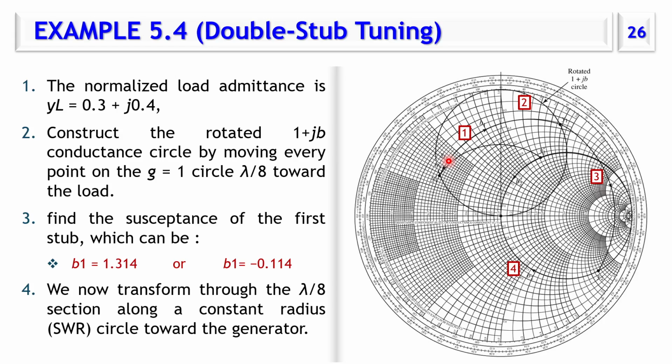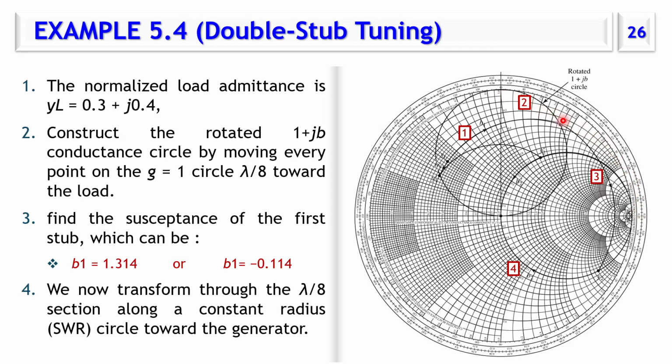So the locus of the first stub would be on this constant admittance circle, the circle of 0.3, this circle, and the other locus is the shift of this 1 plus jb curve with a distance d, 0.8, towards the load.